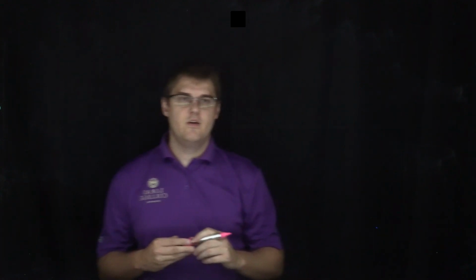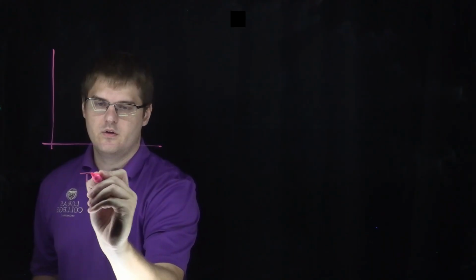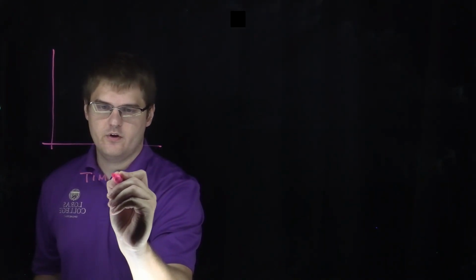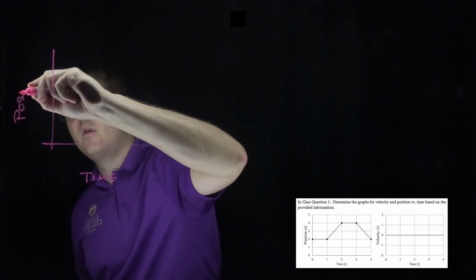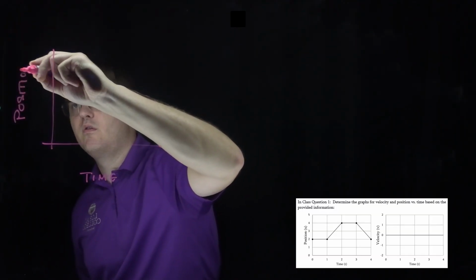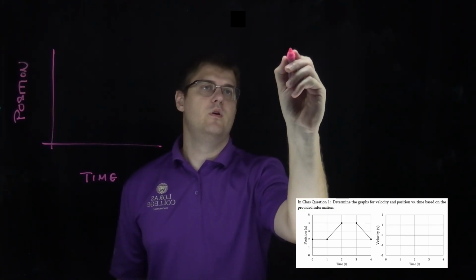So today we talked about velocity versus position, and the first thing we did was talk about that in graphical form. So we had time versus position graphs, and we wanted to turn those into a time versus velocity graph.